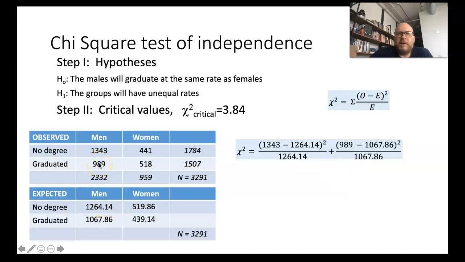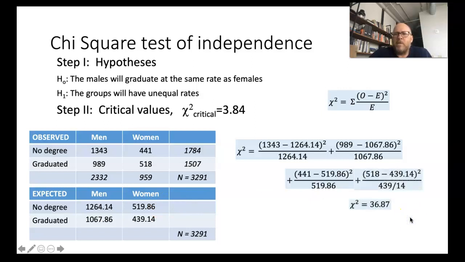For men who graduated, it's 989 minus 1067.86 squared over 1067.86. 441 minus 519.86 squared over 519.86. Oops, I did that out of order, but I think you can figure it out. Okay, so by the time I got through all of these, I racked up a pretty big chi-square number there.